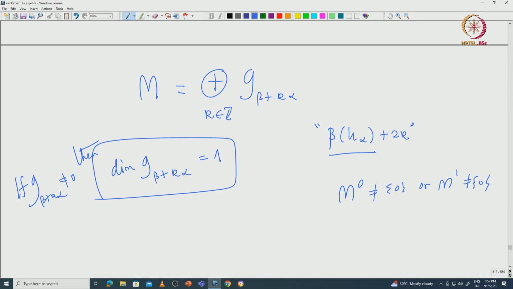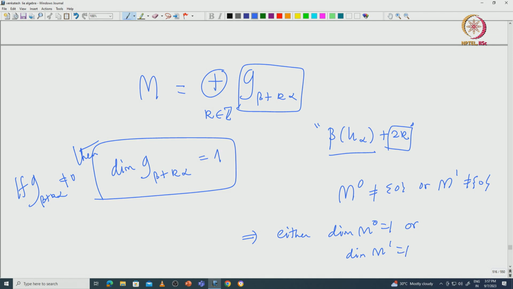Since all these eigenvalues differ by multiples of 2, and all these root spaces have one dimension, that forces that either the dimension of M0 is 1 or the dimension of M1 is 1.